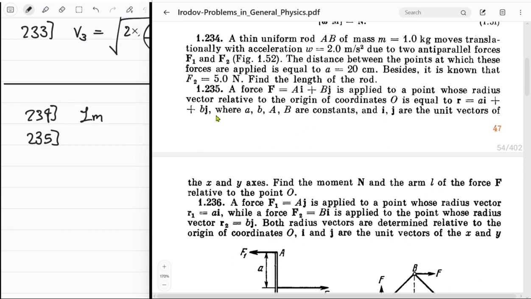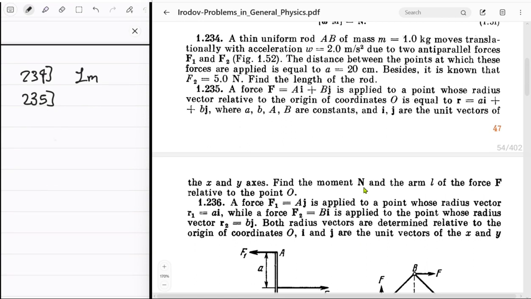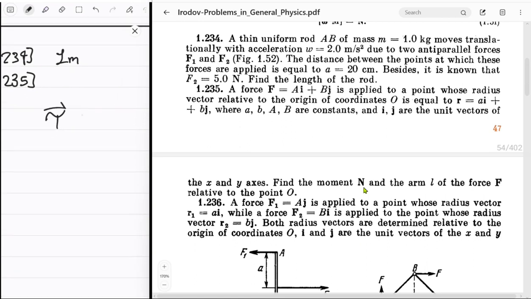What I'm thinking is instead of actually figuring out L first, we can just figure out the torque. They're calling the torque N, which is a very bad choice of notation. Whatever, I'm just going to call it tau. So R vector cross F vector about the point O. It's a point mass.